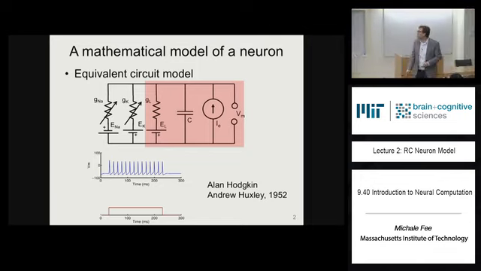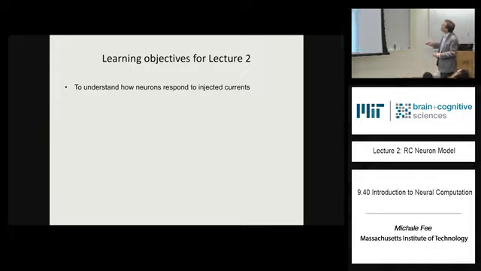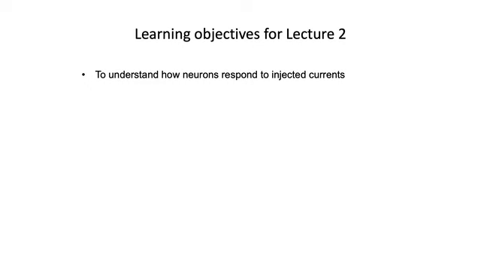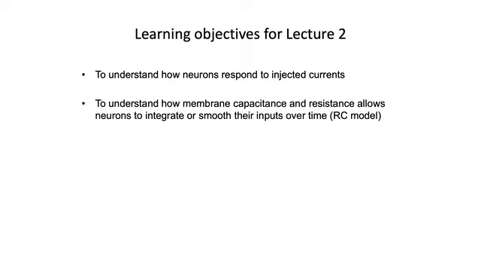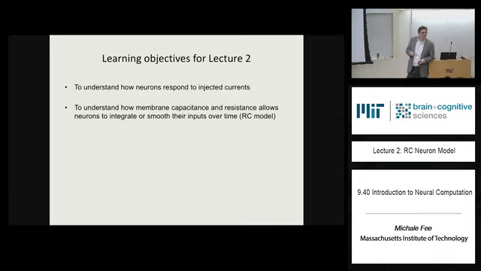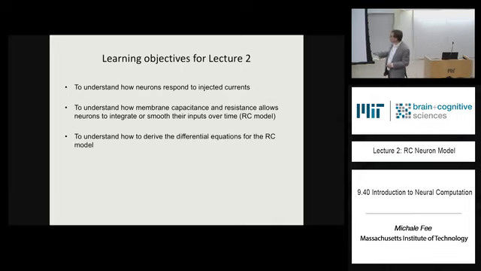Okay, so here's what we want to accomplish today. We want to understand, at the simplest level, how neurons respond to injected currents. We want to understand how membrane capacitance and membrane resistance allow neurons to integrate their inputs over time and to filter or smooth their inputs over time. That particular model is called a resistor capacitor model, or an RC model of a neuron.